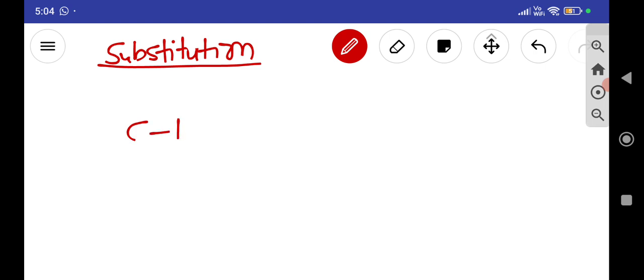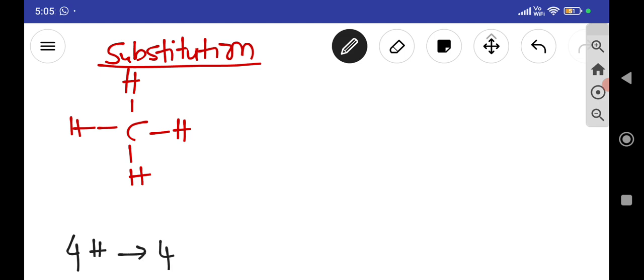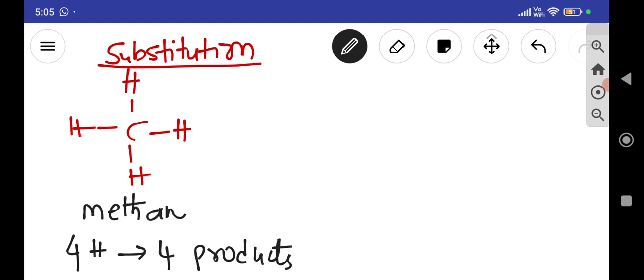Next important reaction in alkanes is substitution reaction. As we have studied, saturated compounds will show only substitution reaction. Example, methane. We have to understand one point, that if there are 4 hydrogens, we are going to get 4 products. So let us take methane plus Cl2 in presence of diffused sunlight.